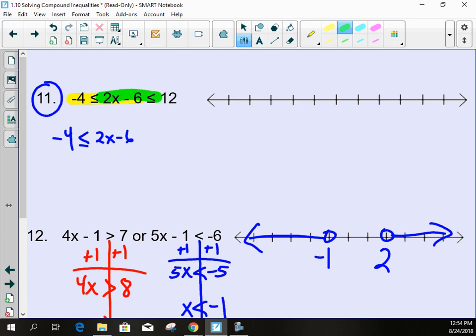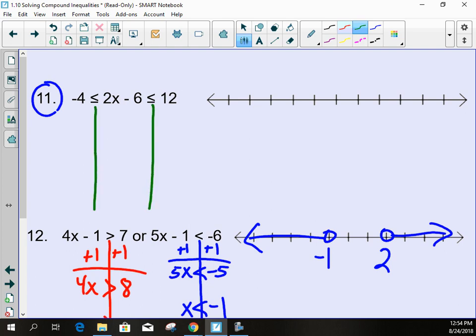This is one problem: 2x minus 6 is less than or equal to 12. You can split those into two different problems and solve them. Now, they're going to connect, aren't they? Because I don't see an or. I don't like to do this. To me, that's a lot of work. I just simply like to put lines at my inequalities.